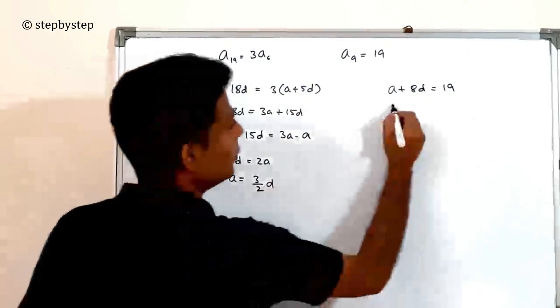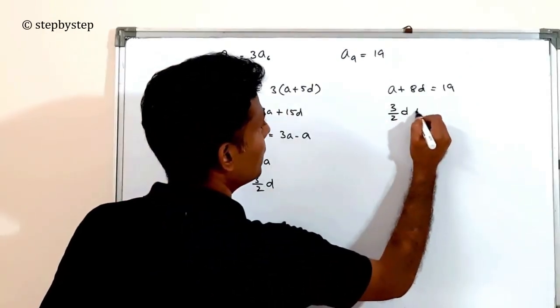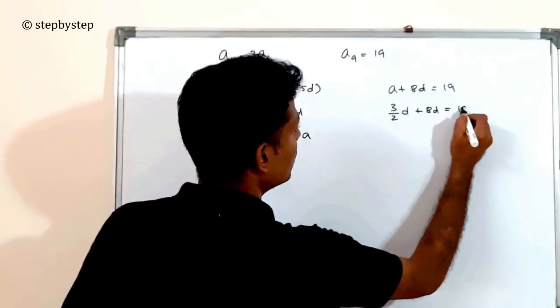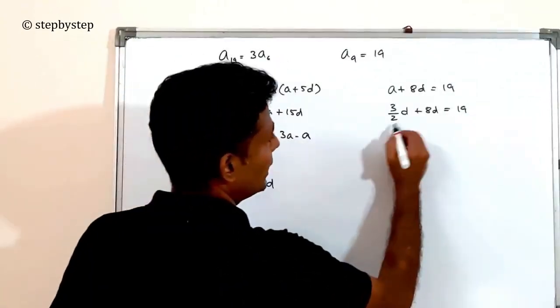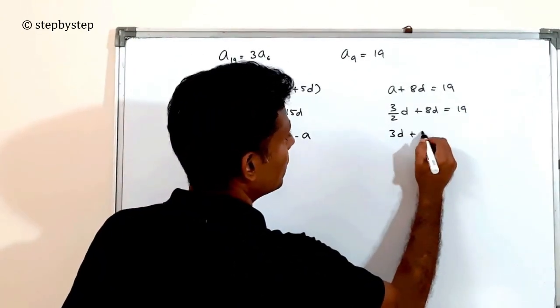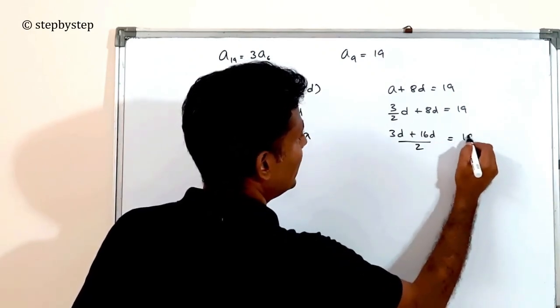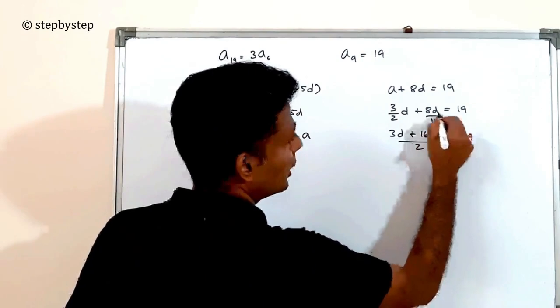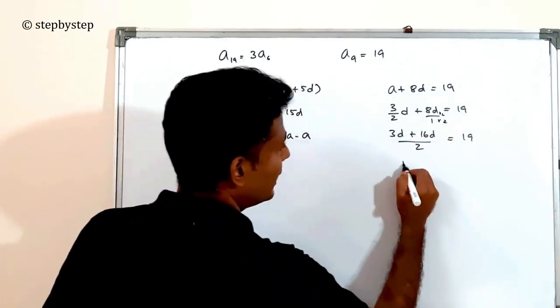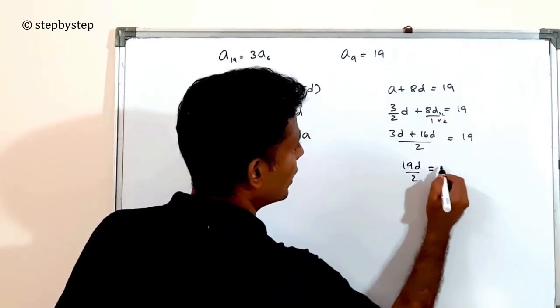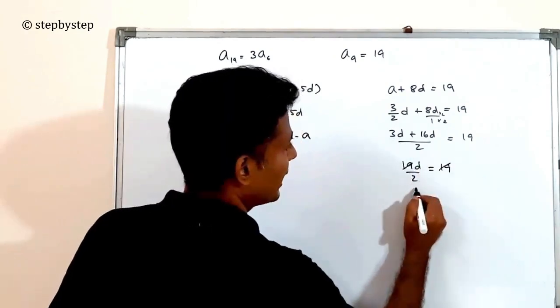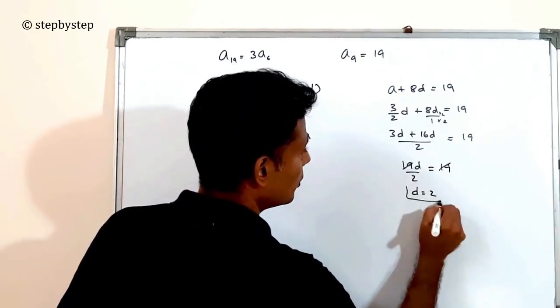Now A is 3 by 2 D. So 3 by 2 D plus 8D equal to 19. So I'll take LCM. So I get 3D plus 16D by 2 equal to 19 by 1 into 2. So I get 19D by 2 equal to 19. So 19 cancels. I get D equal to 2.